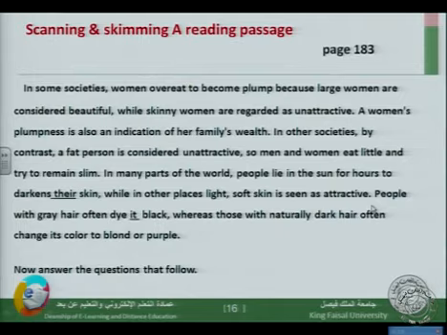In other societies, by contrast, a fat person is considered unattractive, so men and women eat little and try to remain slim. In many parts of the world, people lie in the sun for hours to darken their skin, while in other places, light, soft skin is seen as attractive. People with gray hair often dye it black, whereas those with naturally dark hair often change the color to blonde or purple.